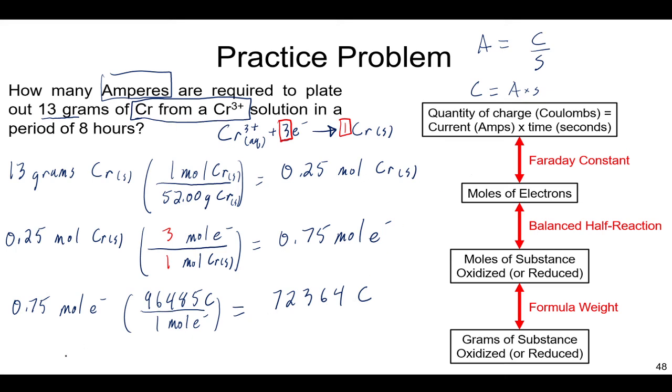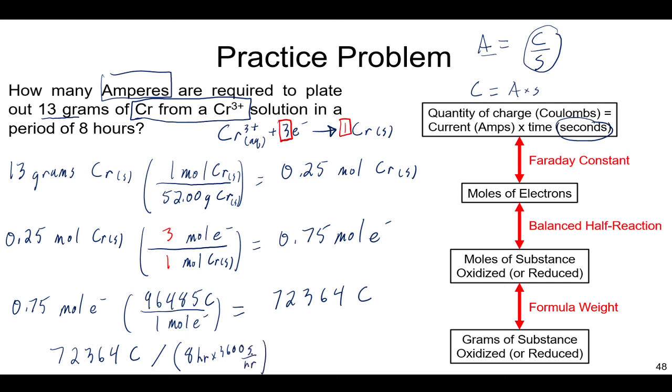So if I have the coulombs, 72,364 coulombs, I need to divide it by the seconds to calculate my amps, right? I'm going to take this 72,364 coulombs, and I'm going to divide it by 8 hours. But I remember my time has to be in seconds. So the denominator is going to be 8 hours and 3,600 seconds in an hour.